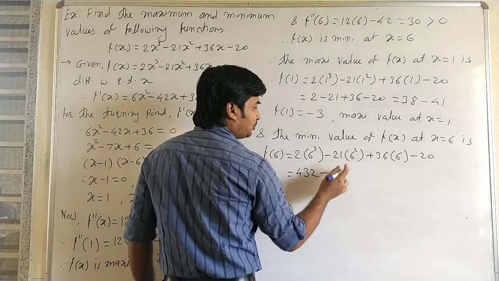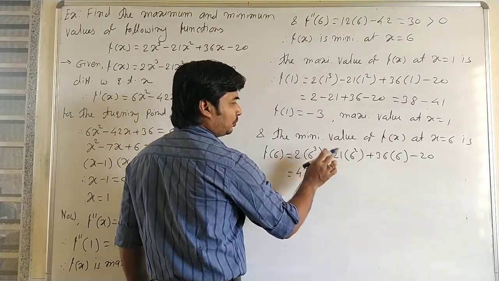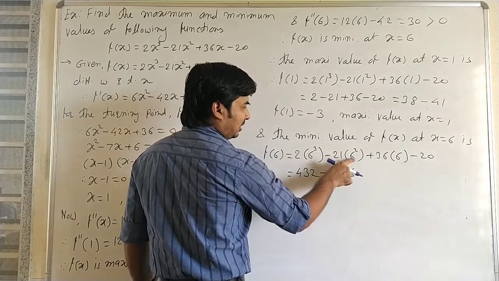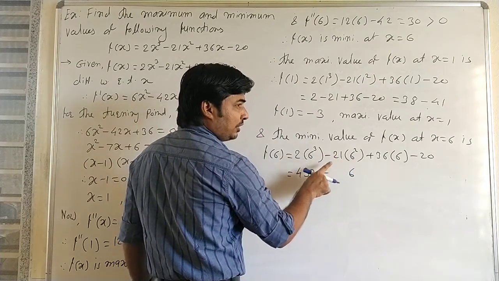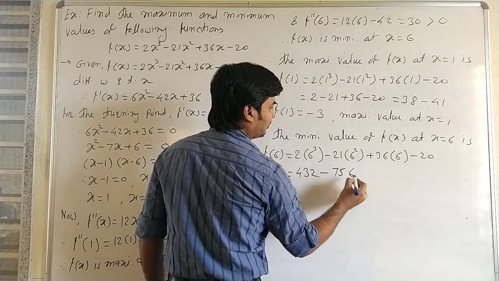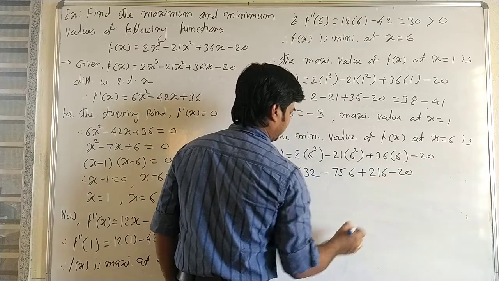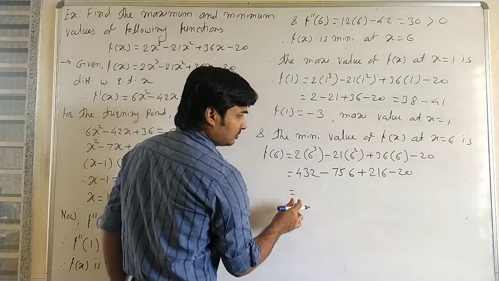Okay, minus 36 into 21. 36 into 1 is 36, carry 3, 36 into 2 is 72 and 3 is 75. It is again 216 and minus 20.